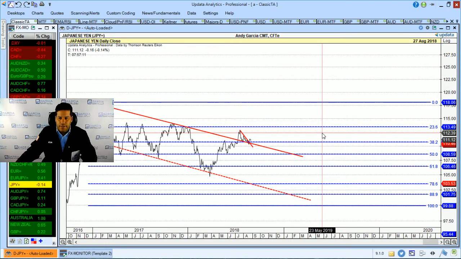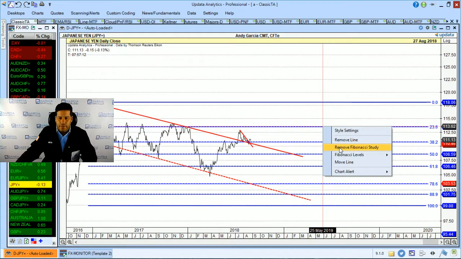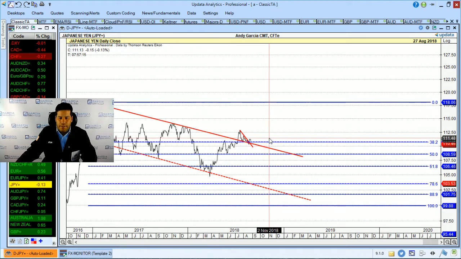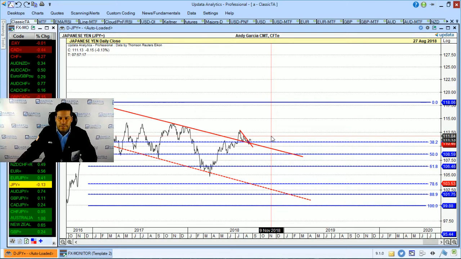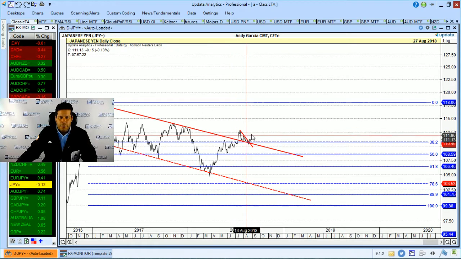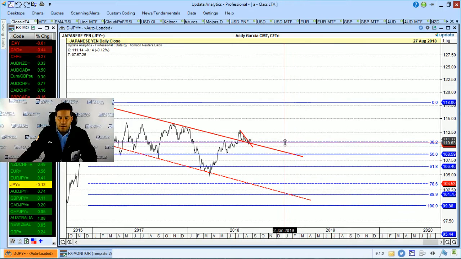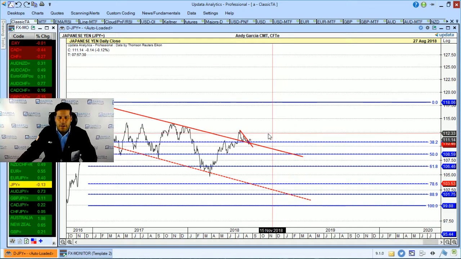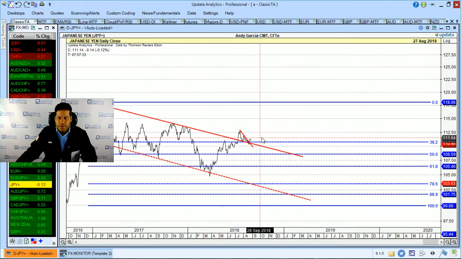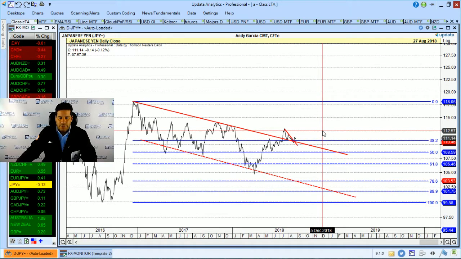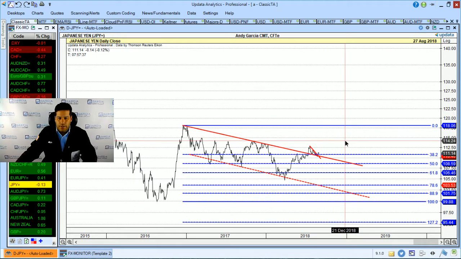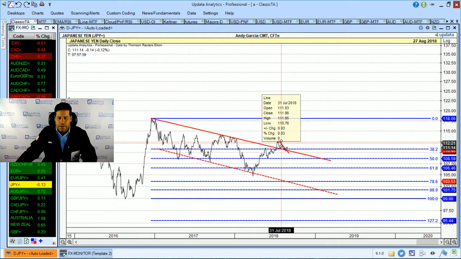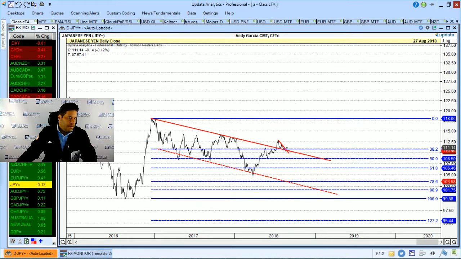The problem here is that we're still in this consolidation environment. But yes, I would be looking to buy this somewhere around 110, with the expectation of this pushing up to 118, and looking for this market to actually take its time. You don't want to sit there and use all your ammo.